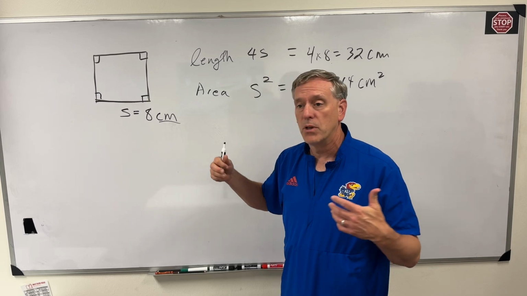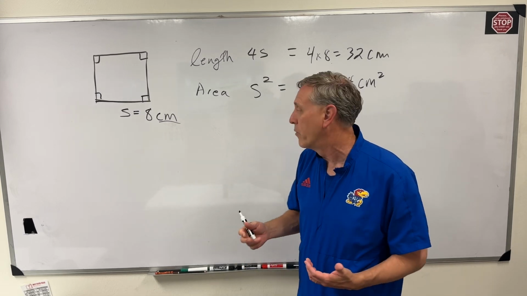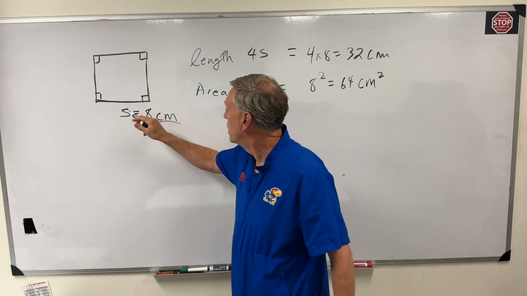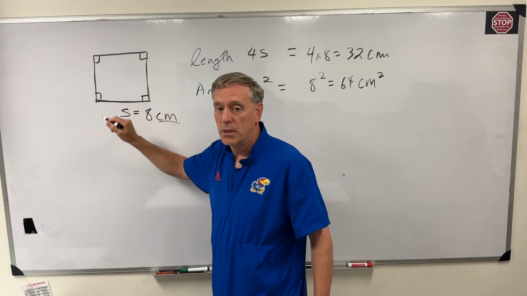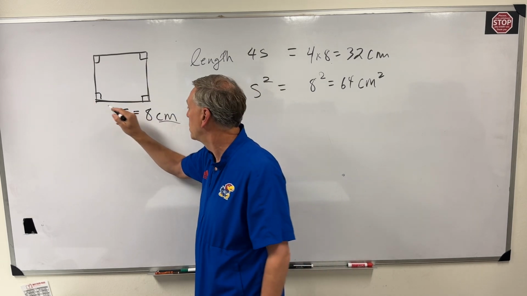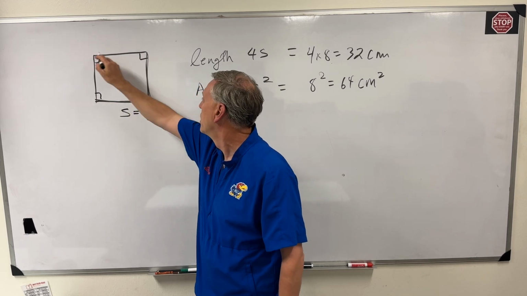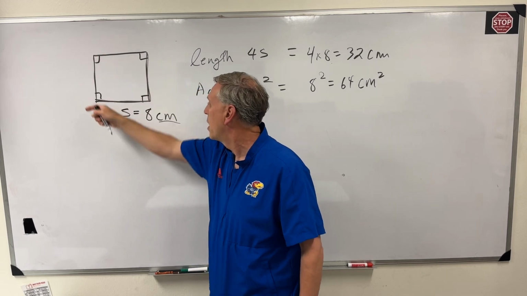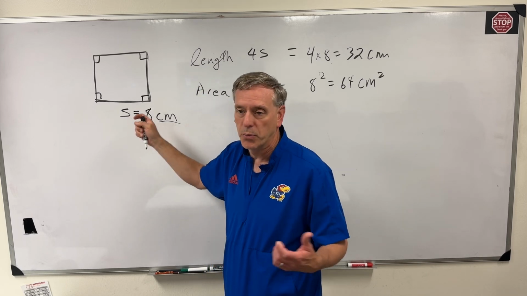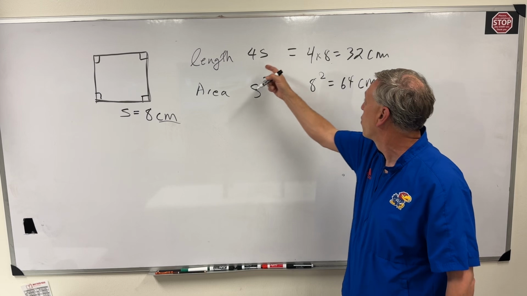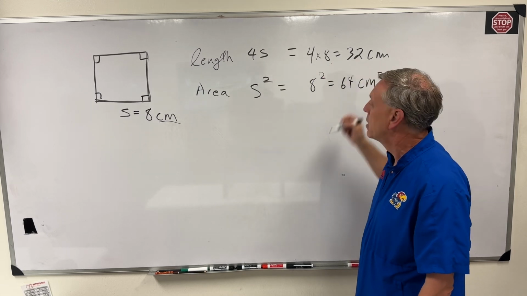So if it's inches or feet, the length for a square is 4 times the sides. So if we're going to do perimeter, this is here to here, here to here, and so forth. To add those up, we could do S plus S plus S plus S, or 4S. And so for length, we get 4 times S, or 4 times 8, 32 centimeters.